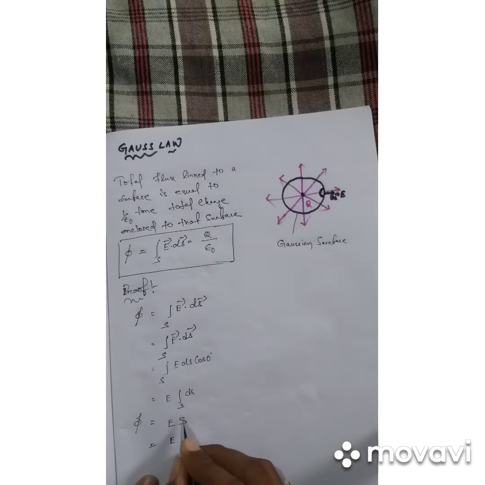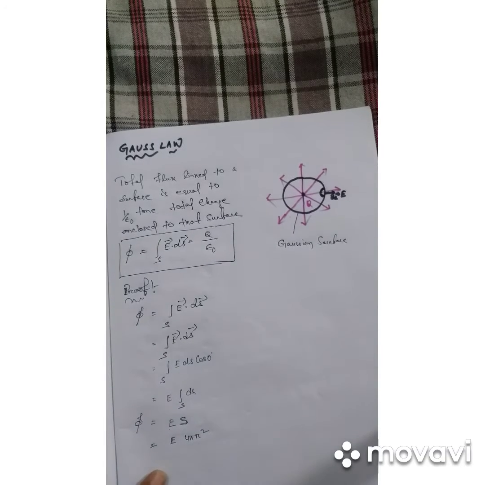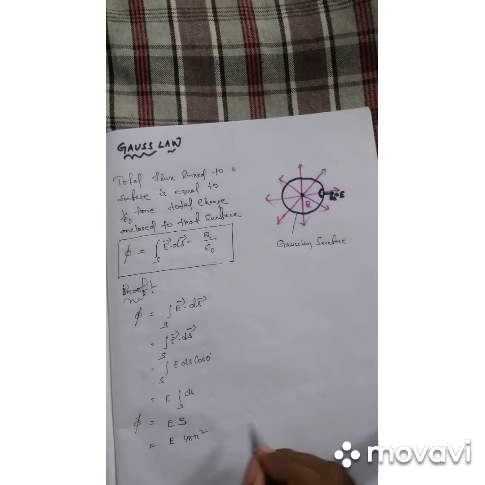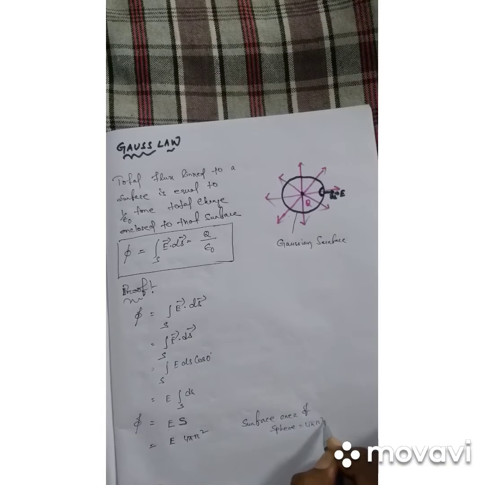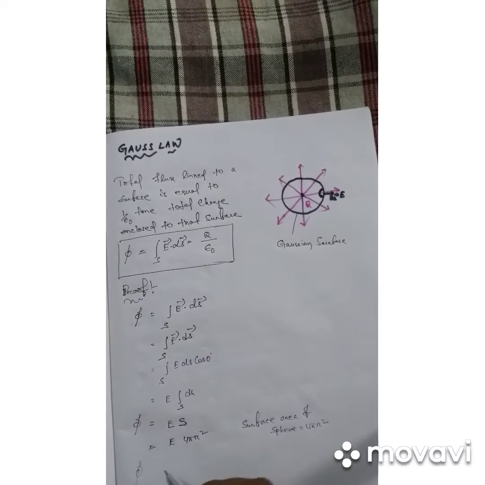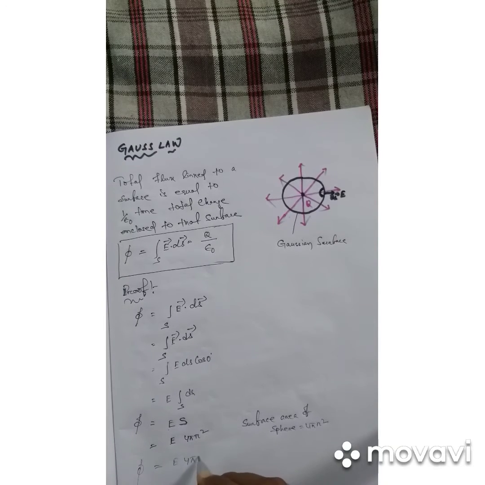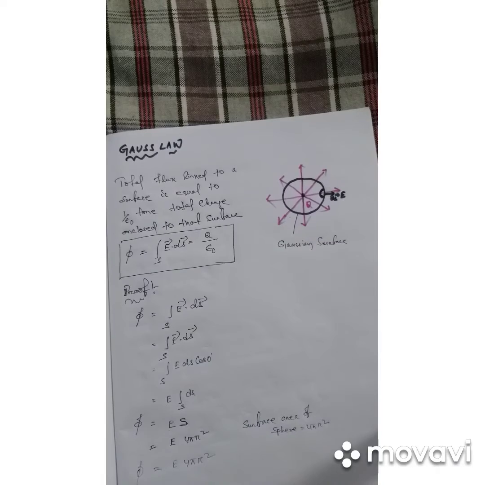Here we write E into the surface area of the sphere, which is 4 pi r square. So phi can be represented as E into 4 pi r square.